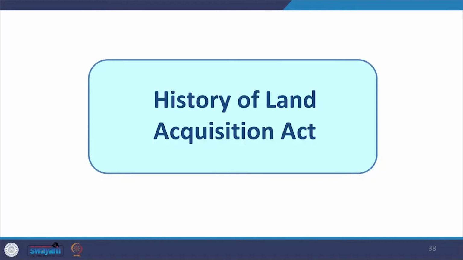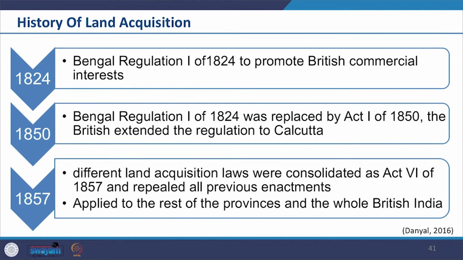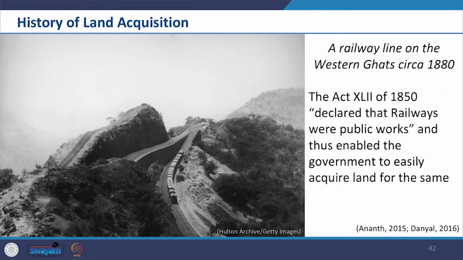Now, looking at the history of the Land Acquisition Act, as Professor Daniel's review in 2016 says, the history of land acquisition began with the Bengal Regulation 1 of 1824 to promote British commercial interests. Land for construction of railways was acquired under the Land Acquisition Regulation, and finally the first railway came up.